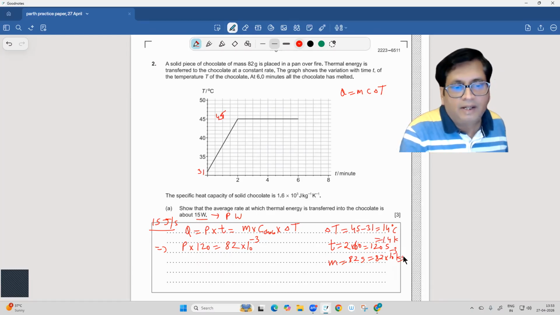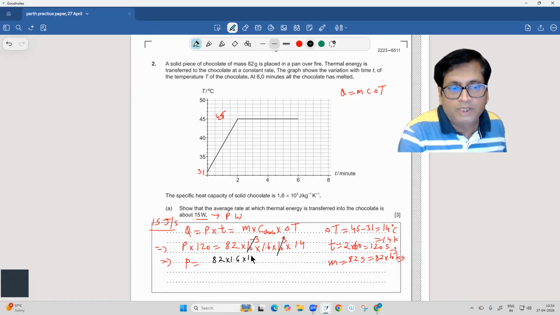And the specific heat is 1.6 into 10 to the power 3 and delta T is 14. So we can find P from this. The 10 to the power minus 3 and this cancel out. So how much does P become? 82 into 1.6 into 14 divided by 120.